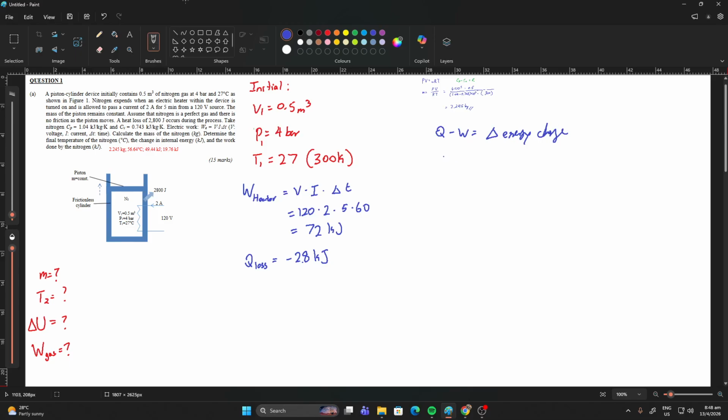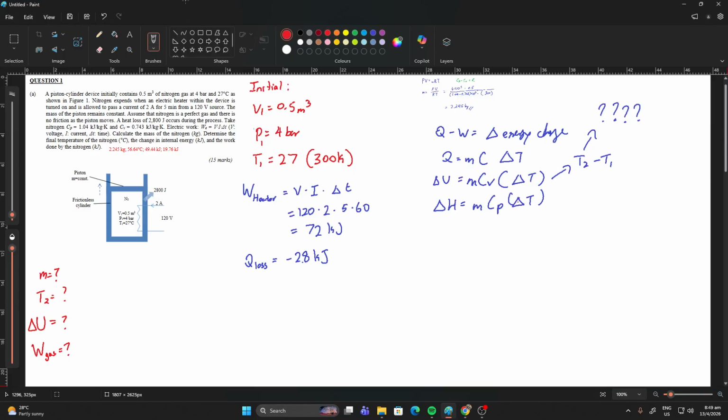I have Q equals mC delta T. I have delta U equals mCv delta T, and delta H equals mCp delta T. What is delta T? Just to make sure, it is T2 minus T1. Oh, T2, this is what we want to find. Maybe we can use one of these equations. Let's go ahead and see.